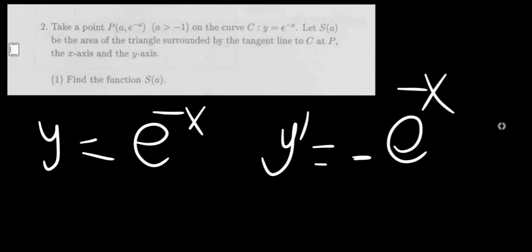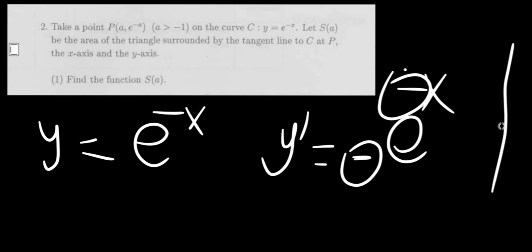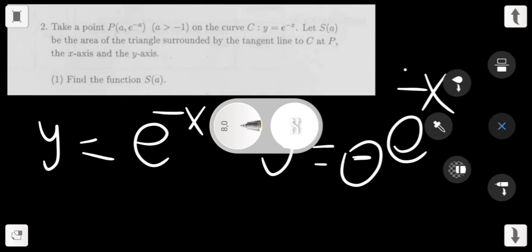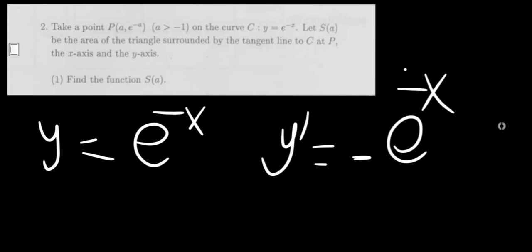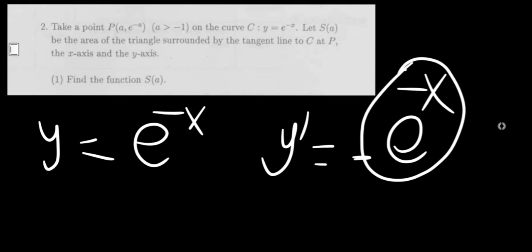This minus comes from here, and this is the derivative. Max might be strange for some people because it has calculus, so you need to study these formulas. Now this is the formula for all the tangent lines to this curve S of A.